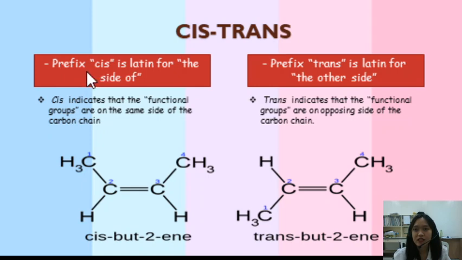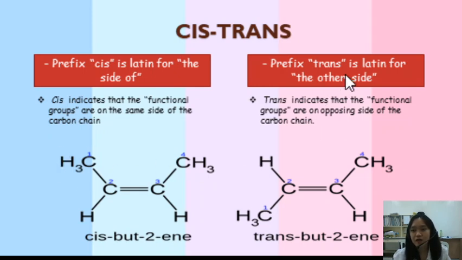So you have the prefix cis, a Latin word for on the same side of. So cis indicates that the functional groups are on the same side of the carbon chain. Diba? Sabi ko nga, on the same side sila yung functional groups natin like the methane.